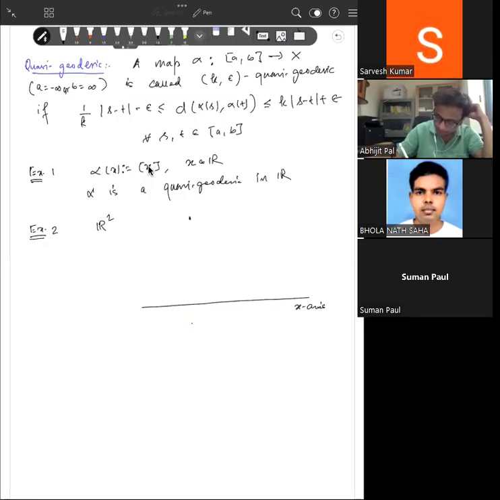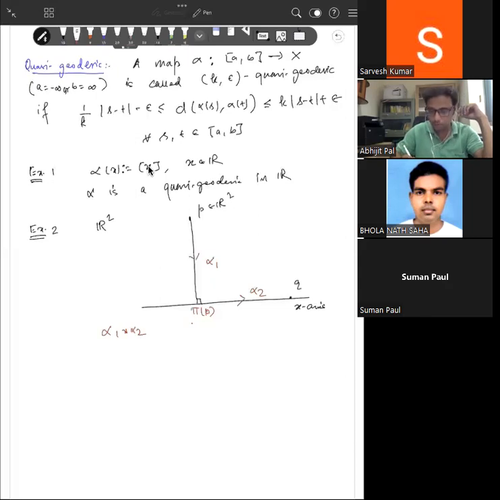You take any point P in R2 and take the orthogonal projection onto this x-axis. Now you take these 2 points P and Q, and take the concatenation of these 2 paths, alpha 1 and alpha 2, where alpha 1 star alpha 2 goes through pi of P.